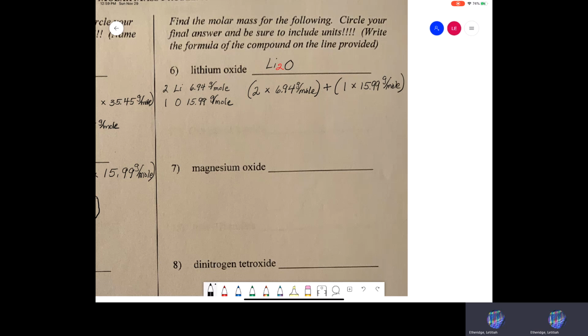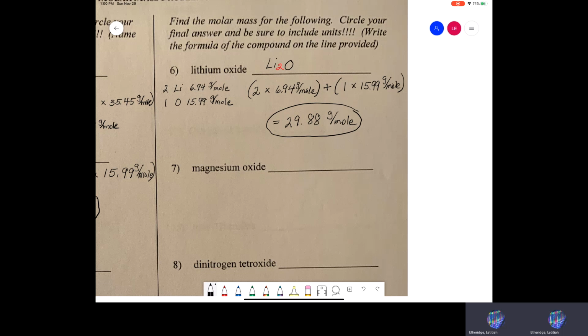We're going to take out our trusty calculator. Hopefully it will not lead you astray as you're adding these up. Your final answer should be 29.88 grams per mole. Instructions say circle your final answer, so circle your final answer.